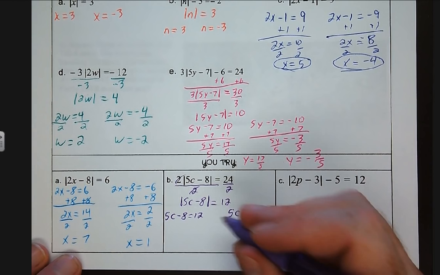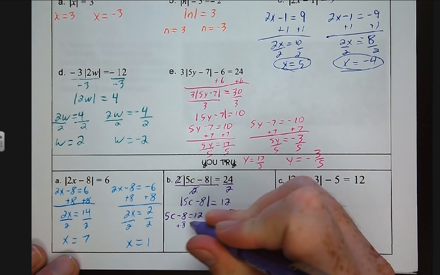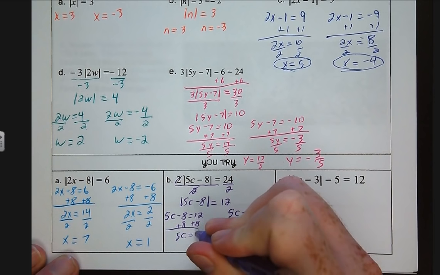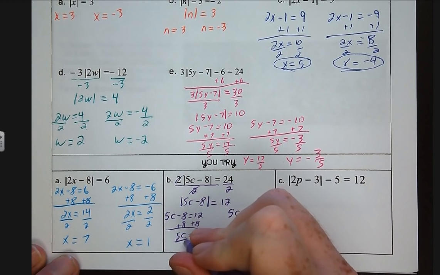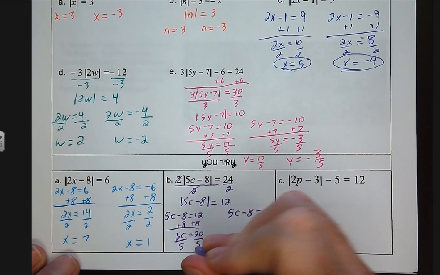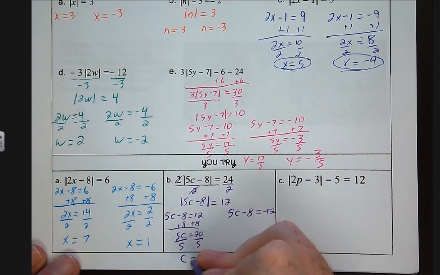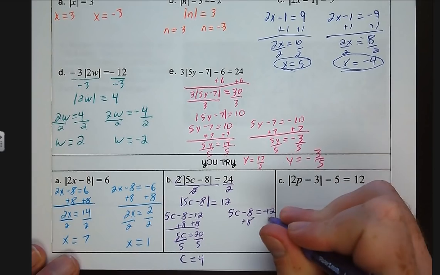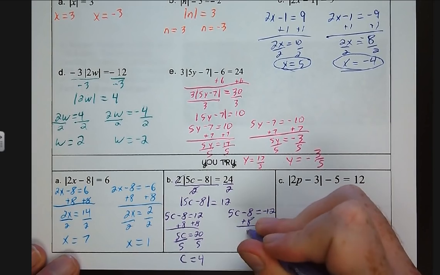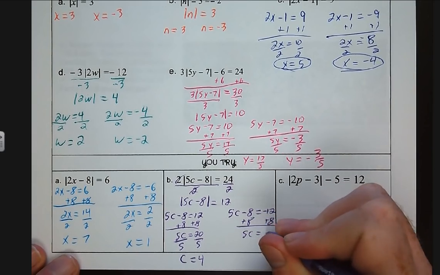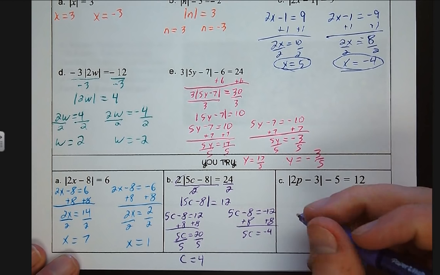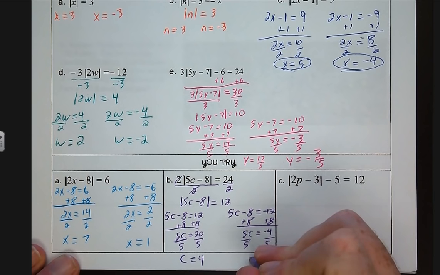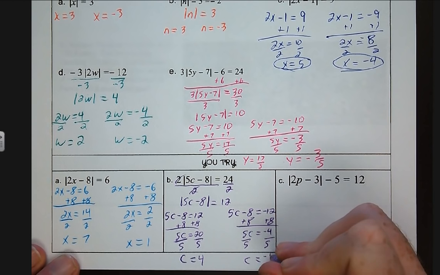We start by adding 8 to both sides of the equation. So 5c is equal to 20. Divide by 5, and c is equal to 4. Same thing, add 8 to both sides. 5c is equal to negative 4. Divide by 5. C is equal to negative 4/5.